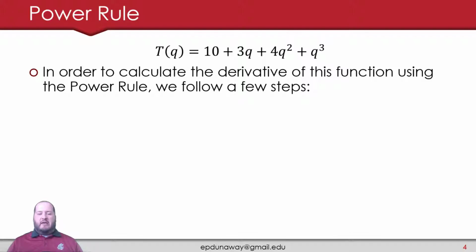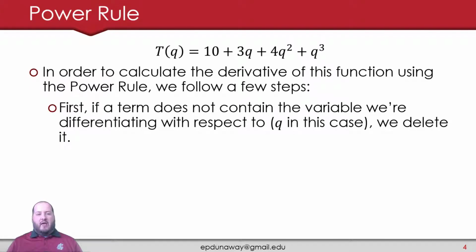In order to calculate the derivative of any function using the power rule, we're going to follow two main steps. The first step: if the term does not contain the variable we're differentiating with respect to, which is q in this problem because q is our quantity, our variable of interest, we leave it alone.